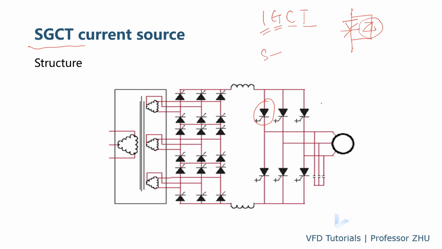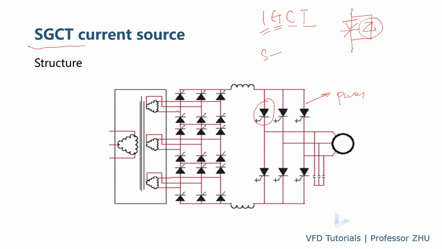And you can use PWM, current PWM, on the SGCT inverter to make sure you have a relatively high frequency, different from the LCI. LCI is like a cycle control, not PWM control, and the output waveform is much better, and there will be a small filter on the output side.